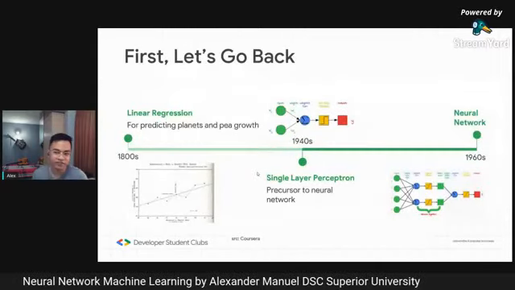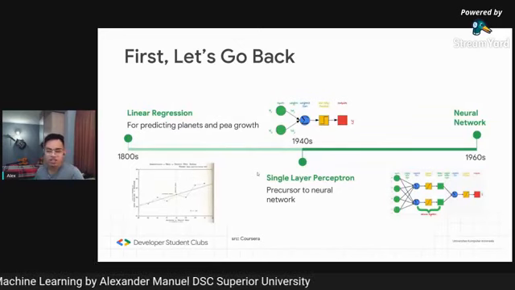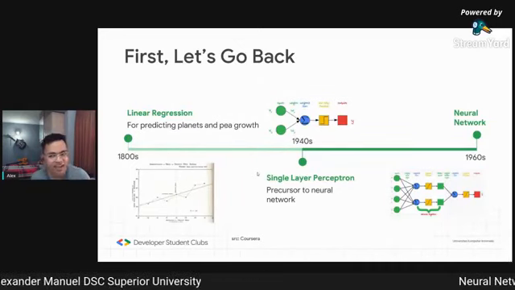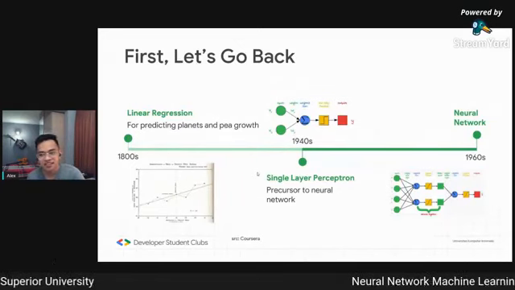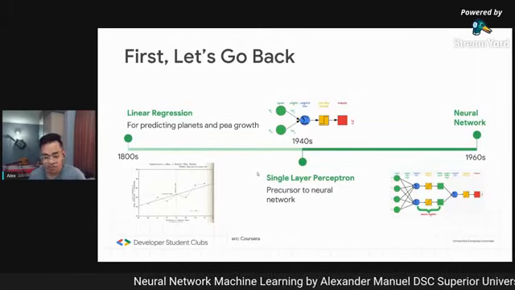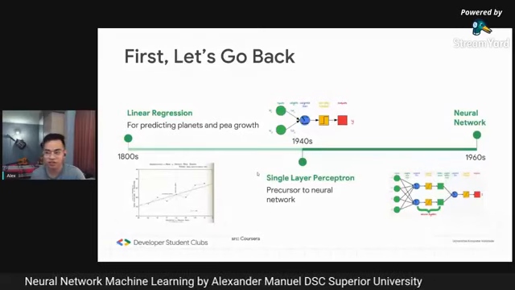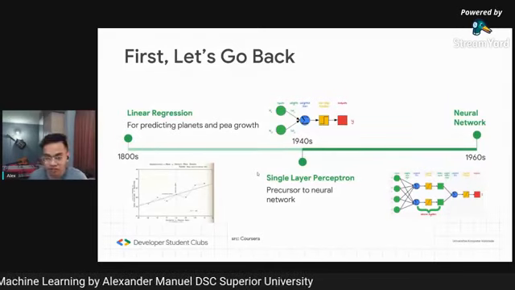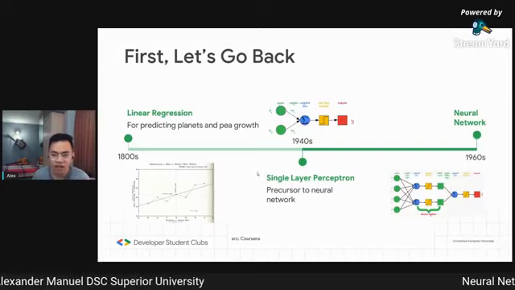So let's go back first to the history. Somewhere in the 80s, machine learning already existed, with the term called linear regression.